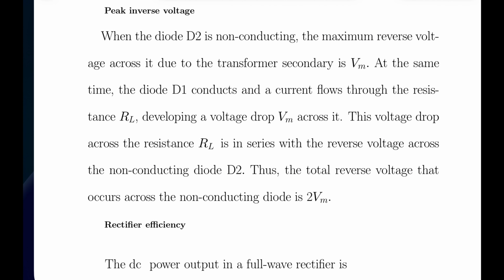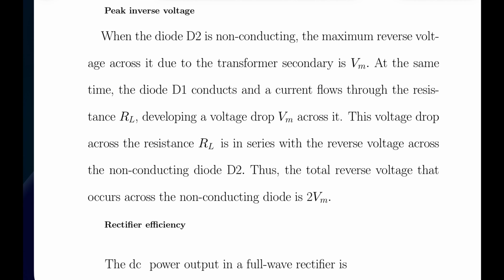Next is peak inverse voltage. The voltage that appears across a non-conducting diode is known as peak inverse voltage, the maximum voltage that is applied across the non-conducting diode. So when the diode D2 is non-conducting, the maximum reverse voltage across it due to the transformer secondary is Vm.